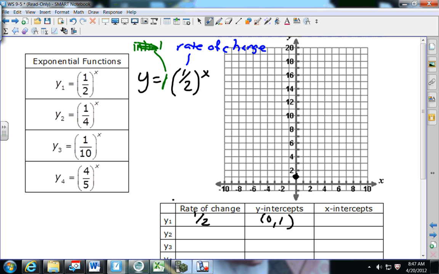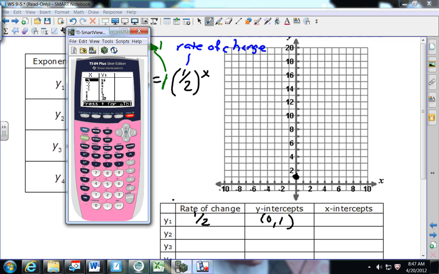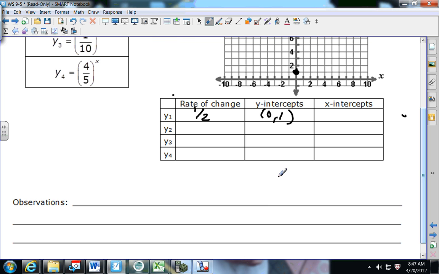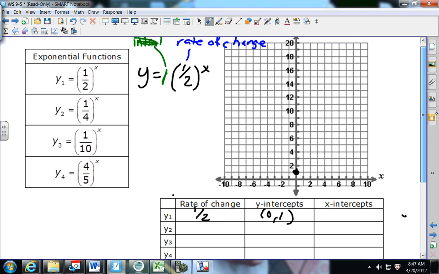Now, when I go to look at, where's the calculator? When you go to find the x-intercept, this time, because it's decay, you're looking down this way, and it keeps getting smaller and smaller and smaller and going closer to 0, but it never touches. This right here is none.